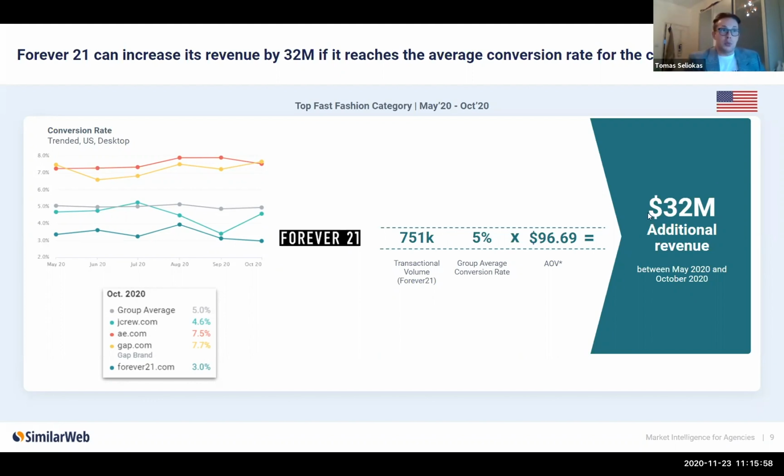And with 32 million additional revenue in just 6 months, there's definitely potential budget to be spared to actually improve that conversion rate. And then this action of going to a client and suggesting a strategy and tactic of improving this KPI becomes very easy to sell.